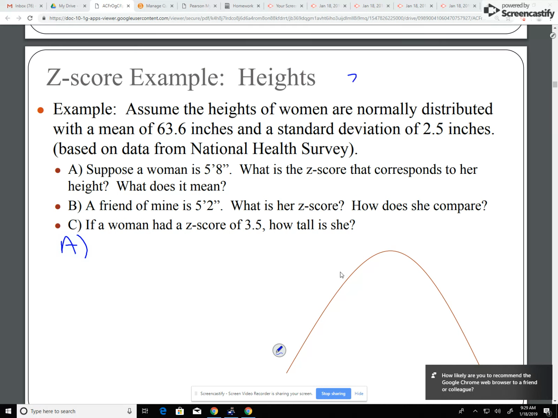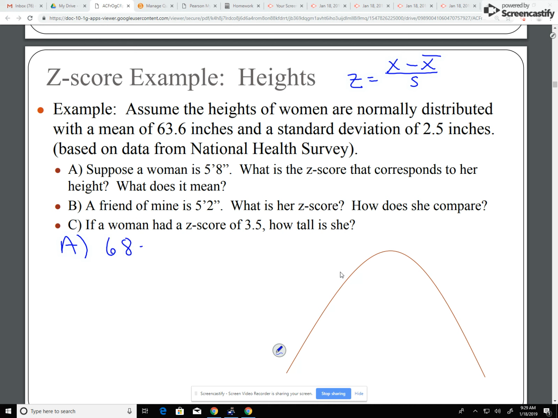Remember that the z-score formula is your data point minus the mean over the sample standard deviation. So to find her z-score at 68 inches, we subtract the mean, 63.6, and divide by the standard deviation. If you do that math, that gives us 1.76.